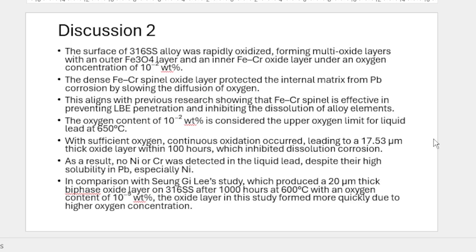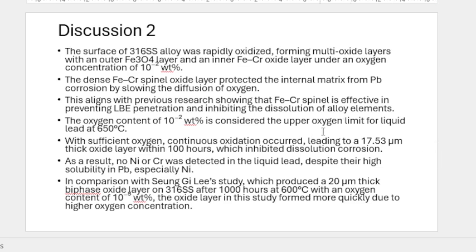As for discussion 2, the surface of 316 was rapidly oxidized, forming a multi-oxide layer, magnetite and FeCr oxide layer under an oxygen concentration of 10 to minus 2. The dense spinel oxide layer protected the internal matrix from Pb corrosion by slowing down the diffusion of oxygen.